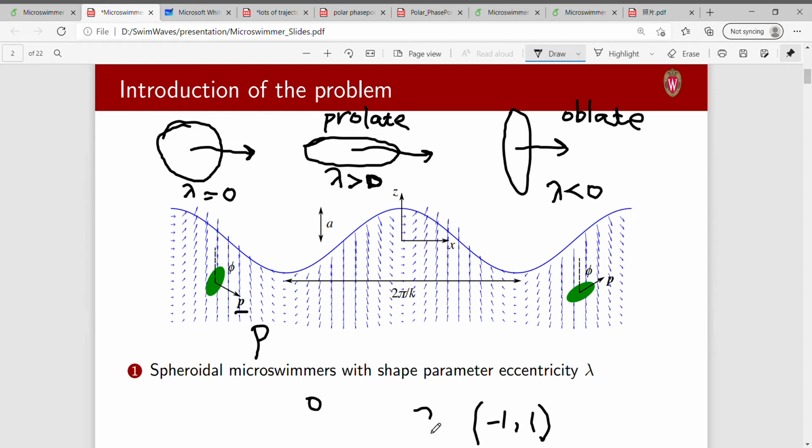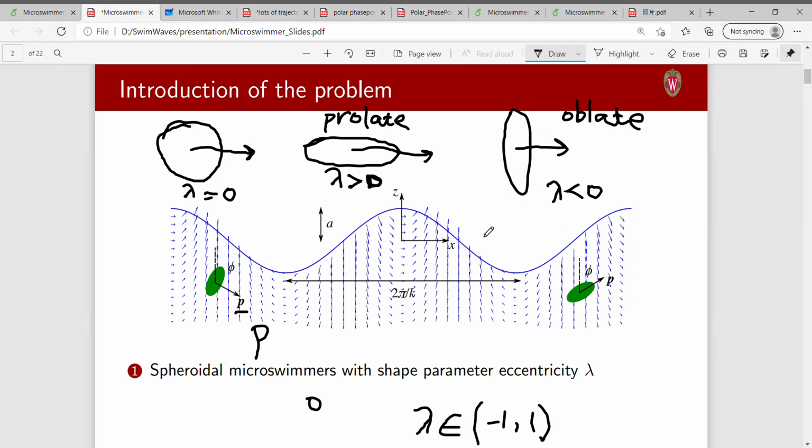Lambda will be between -1 and 1, and for lambda equal to 0, it's a perfect sphere. For positive lambda, it's a prolate spheroid, like a football. Oblate microswimmers have a negative lambda and swim in their large surface direction.